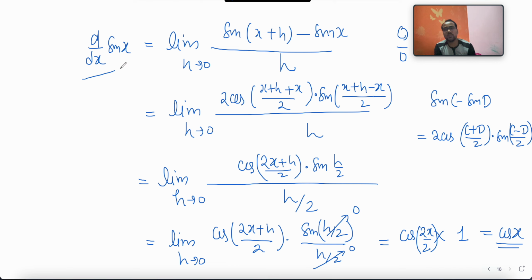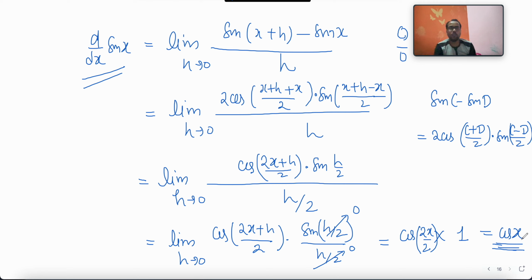So you got the derivative of sine x with respect to x as cos x. So this is the general derivative of sine x with respect to x. But if I ask you, what is the rate of change of sine x at x equal to pi by 2?